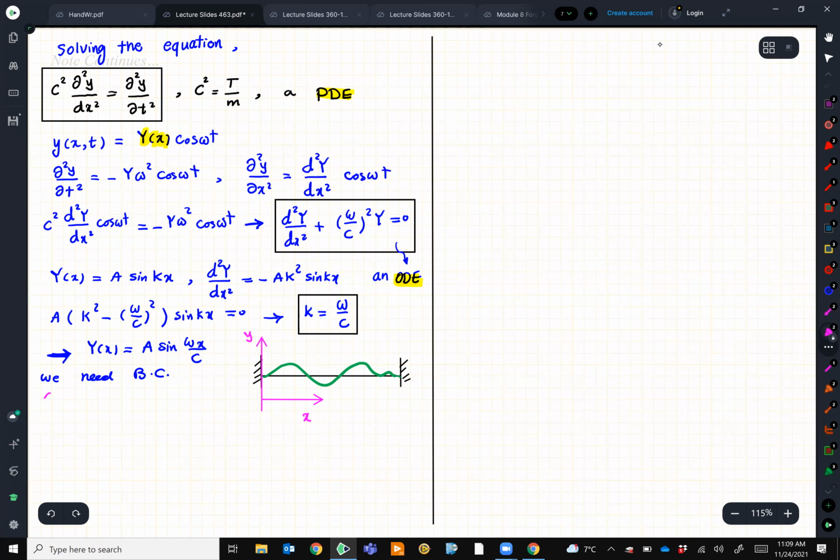So we know at x equal to 0, y must be equal to 0, which the equation already gives us. So it has no use for us. And at x equal to L, we assume the length of this string to be L, Y also must be 0.